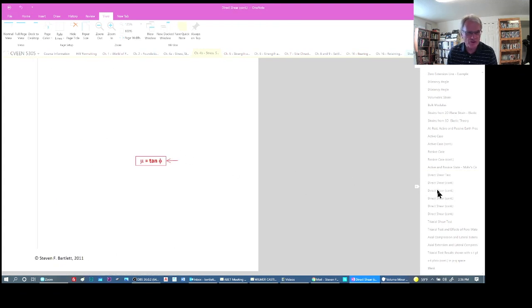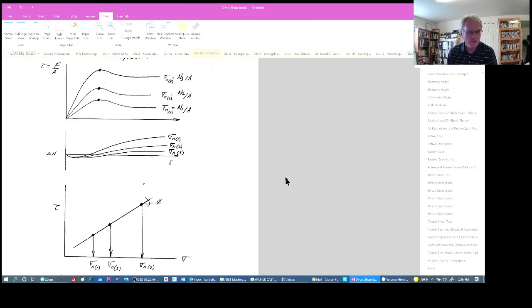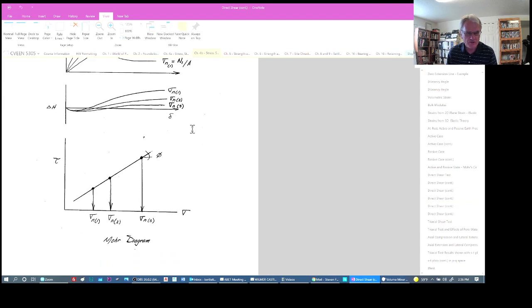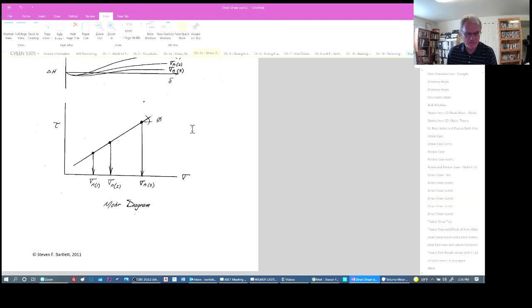This is what you should have done in class. You may have forgotten that aspect, but quite often we initially have a little bit of contraction. A negative change in height is a contraction, and then some expansion as the soil continues to shear and dilates a little bit.